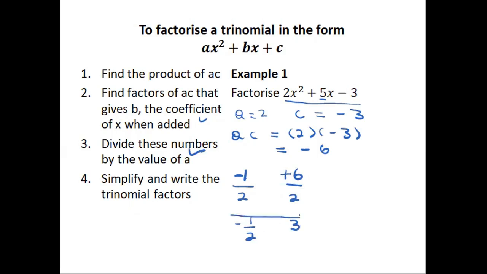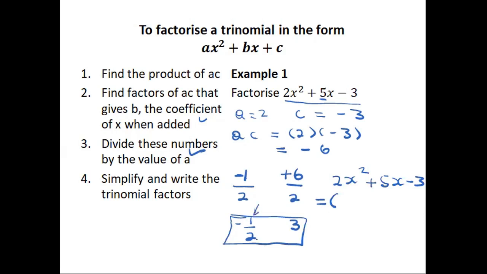These are the numbers that I'm going to refer to write out the factors. So let me write the problem: 2x squared plus 5x minus 3. This is equal to, so we open the first bracket to write the first factor, and we're going to be using this first number here.